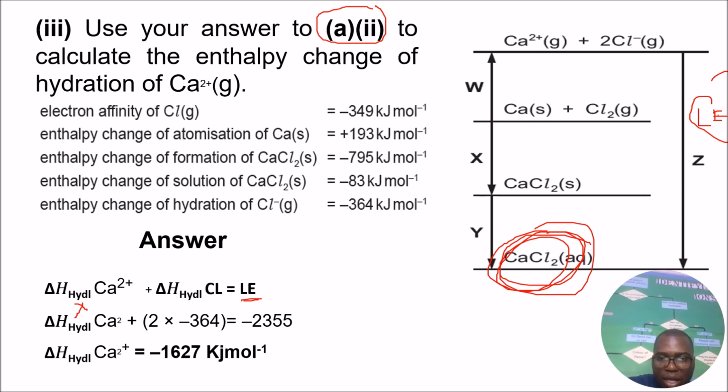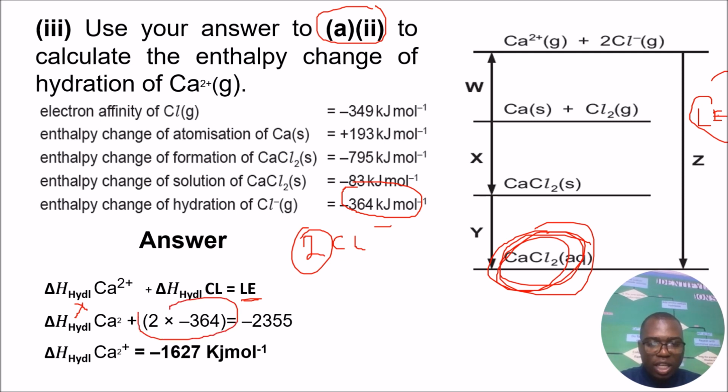Remember when we made the equation there was a 2. Because we said it's plus 2Cl-, that's why we are multiplying this value here by 2. Stoichiometric coefficients are very important, they are part and parcel of the equation. So we substitute here, this one will be x, meaning when you multiply this one here, it will just cross over the equal sign. And then when you do the proper computation, this is the answer that you're going to come up with.